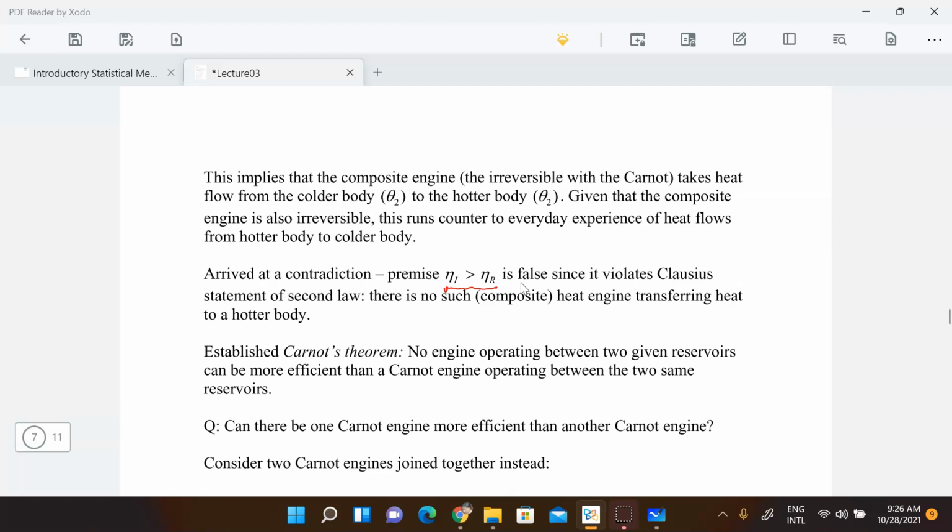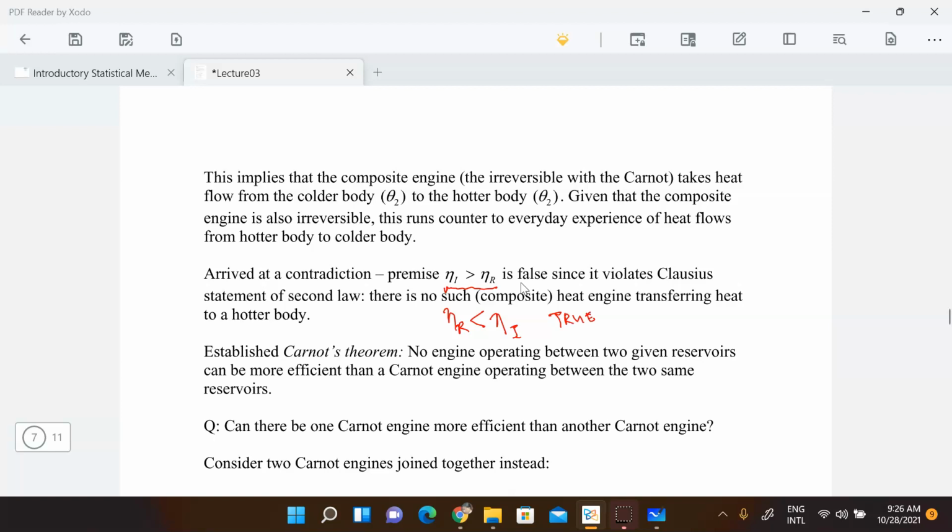So there can be no such heat engine transferring heat from a colder body to a hotter body without any work being input into it. So we have now essentially, the true premise should only be eta R greater than or equal to eta I. So this is true.